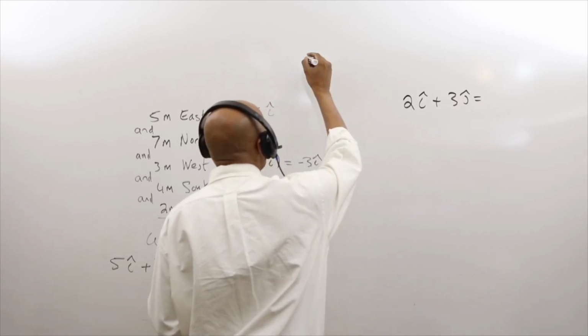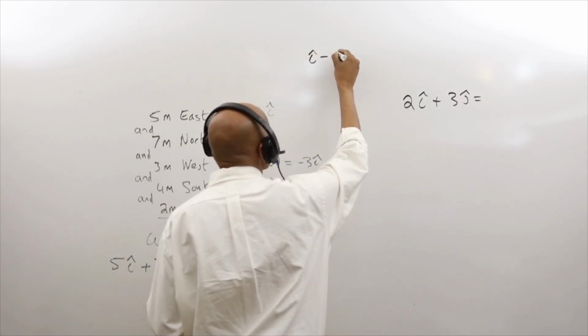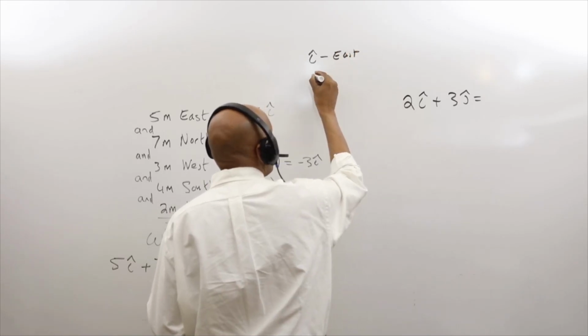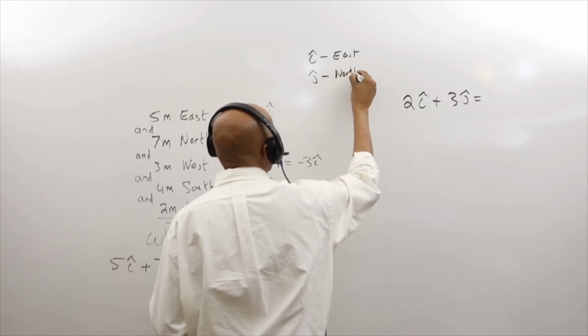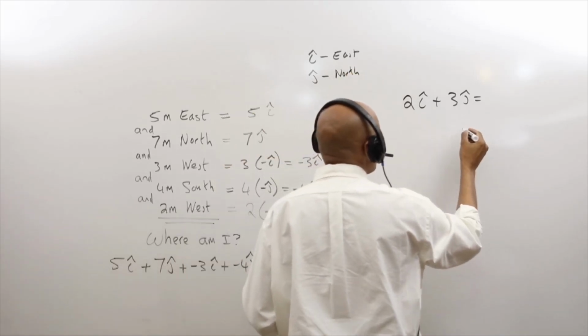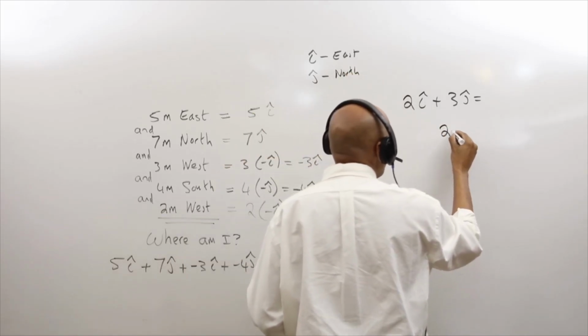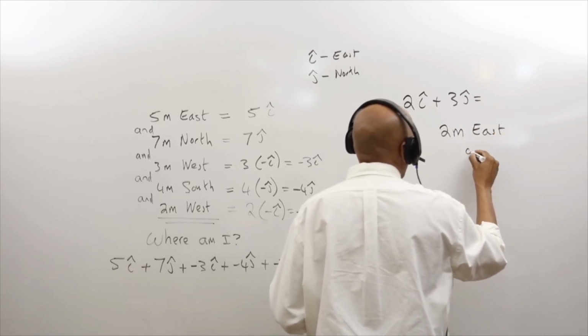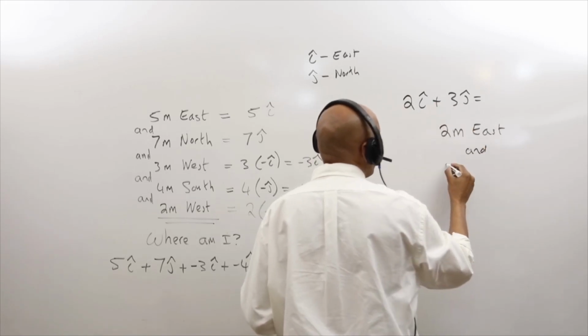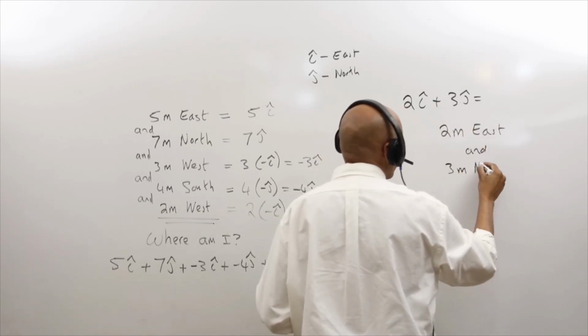If i hat is the direction east, and j hat is the direction north, this is actually a statement saying 2 meters east, and this is the plus sign, and then 3 meters north.